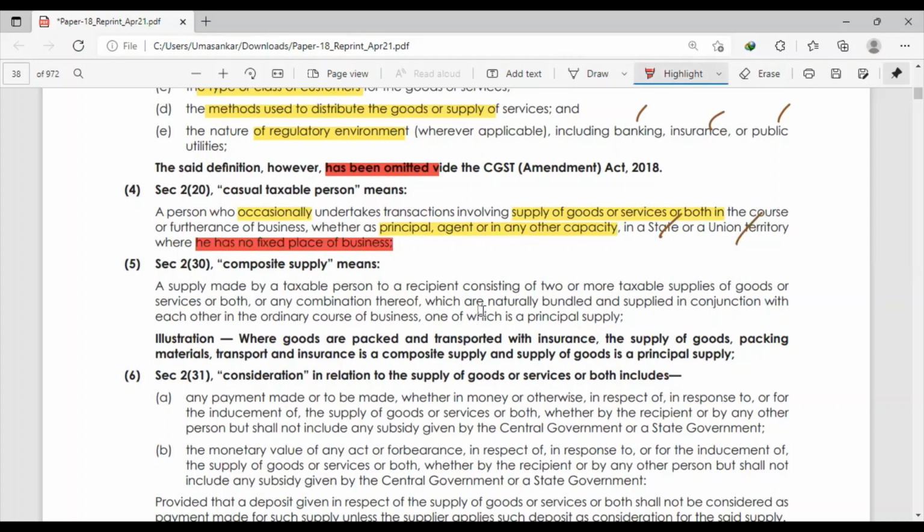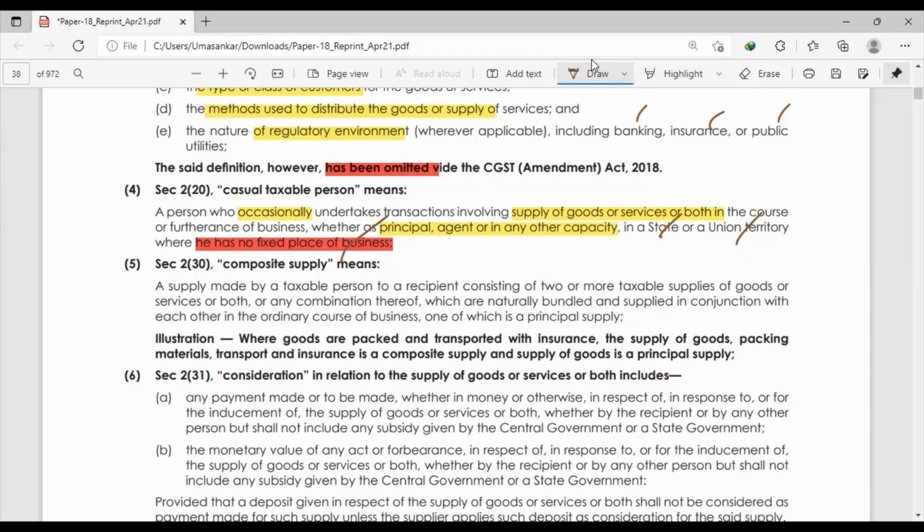Suppose he has a fixed place of business, then obviously normal GST registration will be there, and this provision would not have come. So the main point lies here: as there is no fixed place of business, we need to register as a casual taxable person.